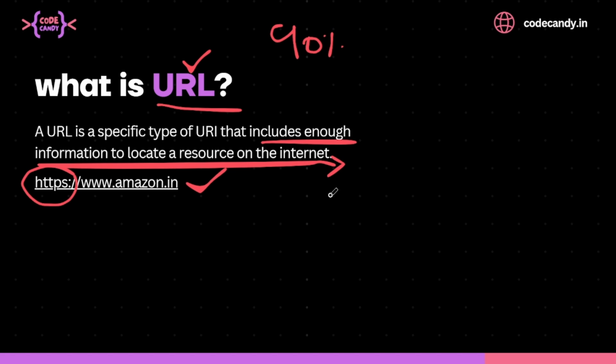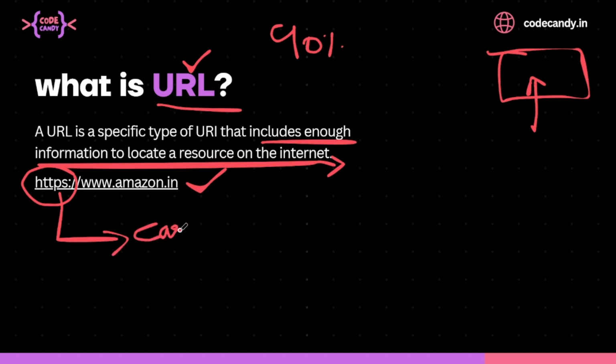See, suppose I have said Anupriya's house is located here. What does HTTPS mean in real time? It is like by what vehicle you are going, whether you are going using car, bike, auto, your wish.